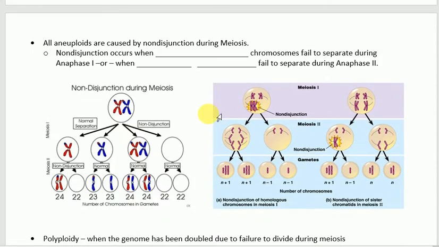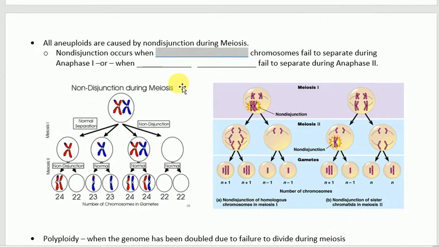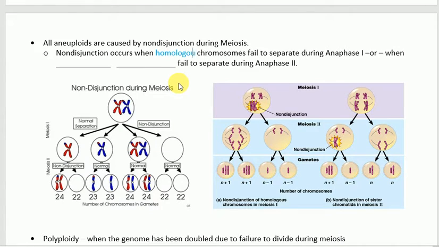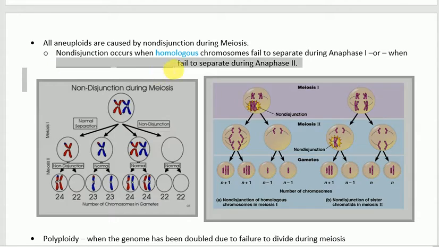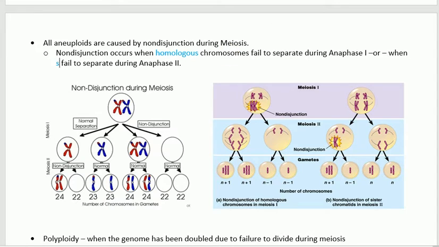So all aneuploids are caused by non-disjunction, which occurs during meiosis. It occurs when the homologous chromosomes fail to separate during anaphase 1, or it can also occur when the sister chromatids fail to separate during anaphase 2. So this shows you non-disjunction during meiosis, and here is normal separation.